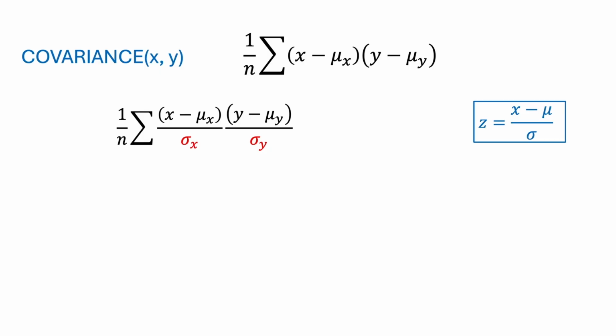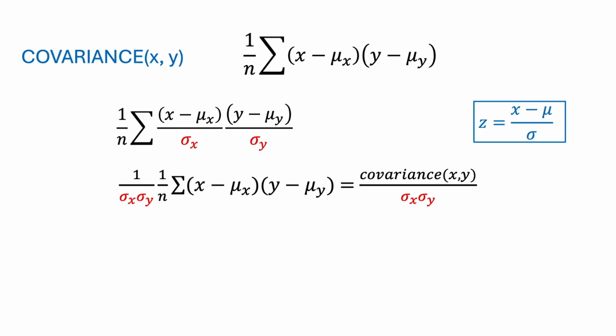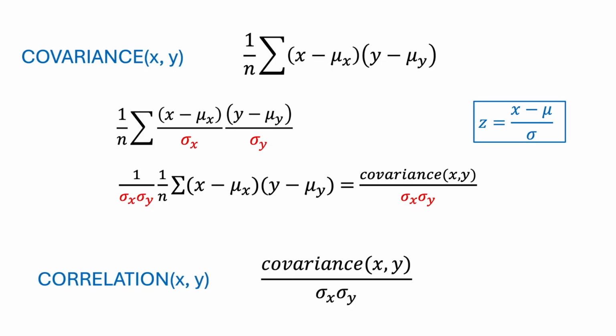So that gives you your covariance divided by the standard deviation of x and the standard deviation of y. And that's it. That's the correlation formula. And here, notice that we're already working with relative distances. Working backwards from the formula, we are already working with the z-scores of each variable we are pairing.